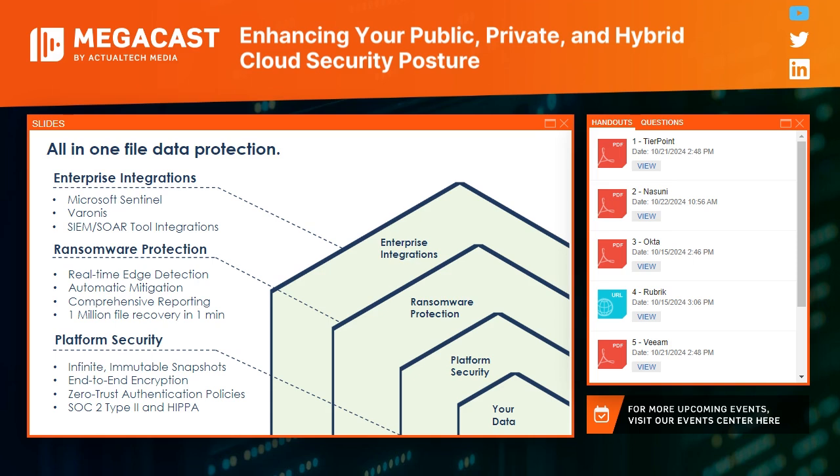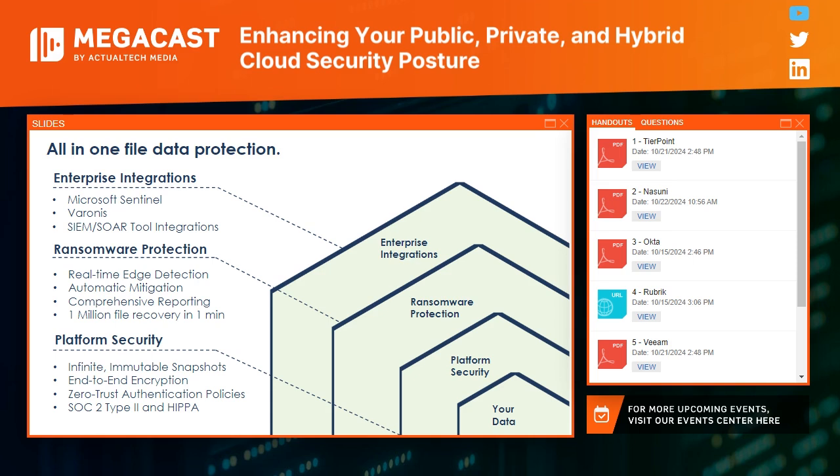So larger companies that have big security teams, SIEM and SOAR tools, we really have focused and are focusing on integrating with as many tools as possible to give a little bit more reach to our security solution and make sure our alerts and the data we are collecting moves on to those security teams.